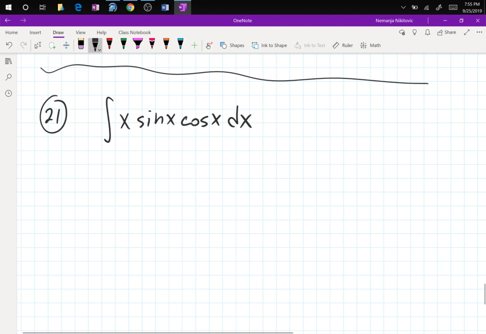Show me the way. Yes. We need U, we need DV. Is DV sine x cosine x?